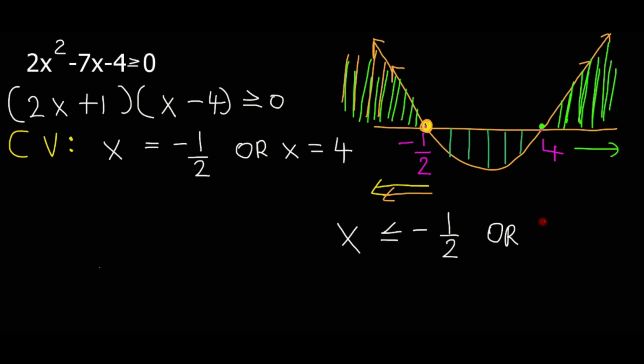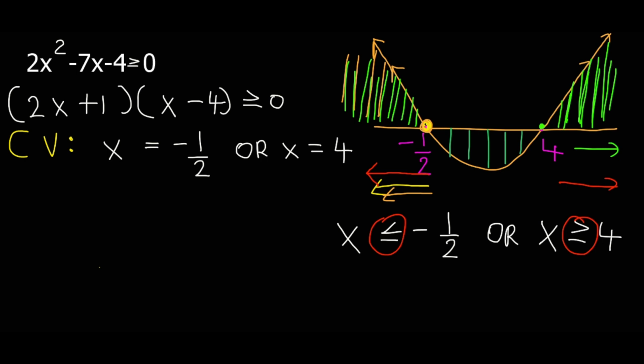So x is greater or equals to 4. It is important to understand that this inequality corresponds to our graph being positive going to the left and this one going to the right. That is why this inequality points to the right. So this is our solution.